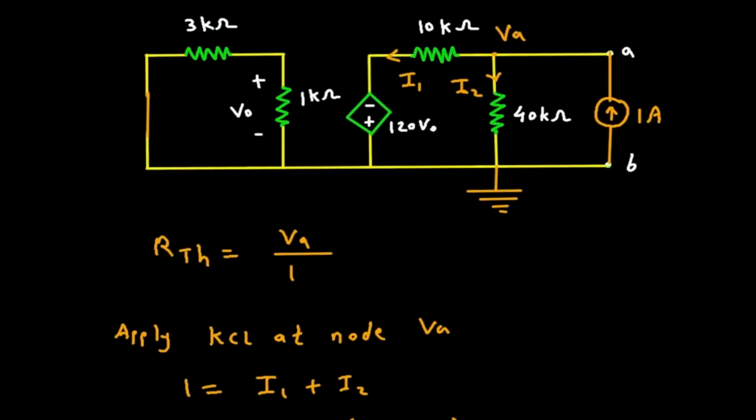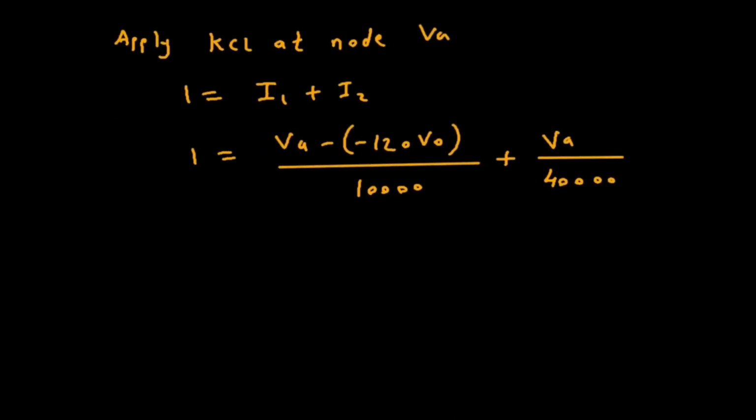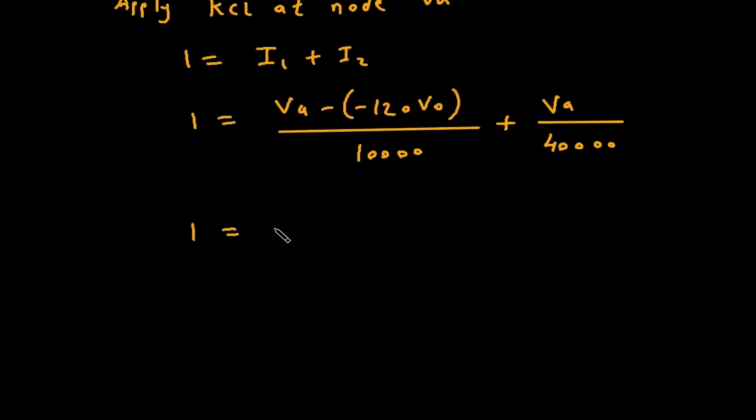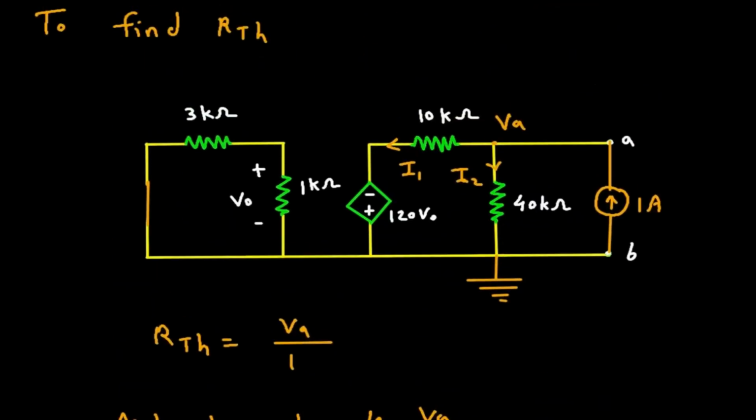So this will be 1 is equal to VA by 10,000 plus 120 divided by 10,000 into VO. Now this VO is equal to 0 because there is no independent source.